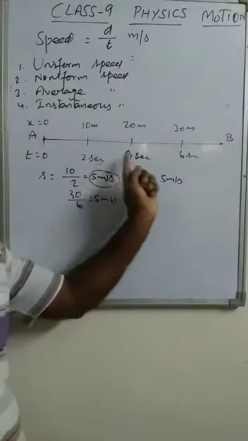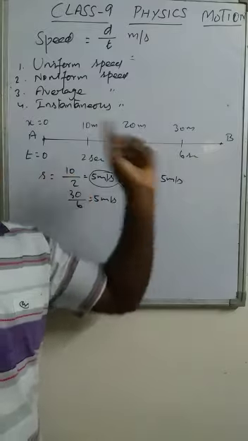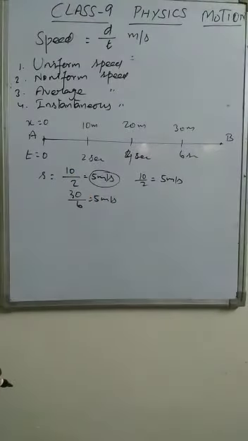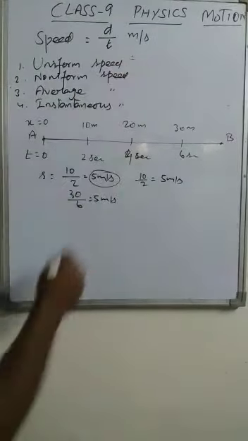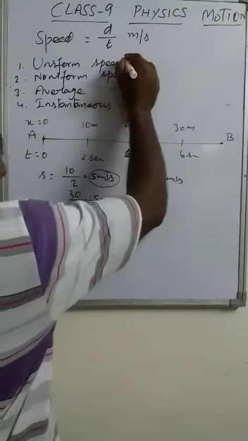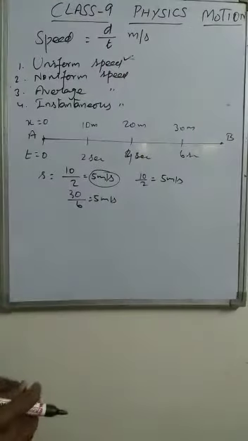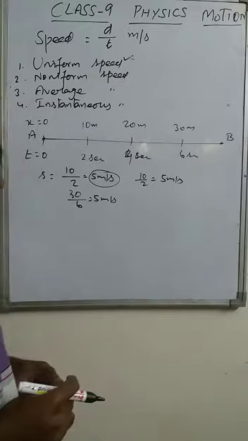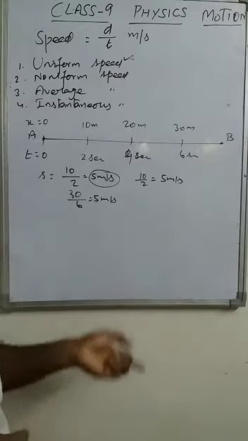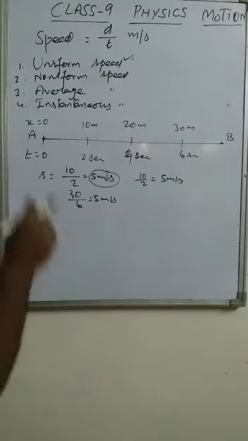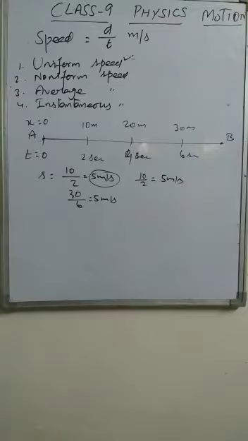Now we say the object is moving in uniform motion. That uniform motion can also be termed as uniform speed. Then coming for non-uniform motion.